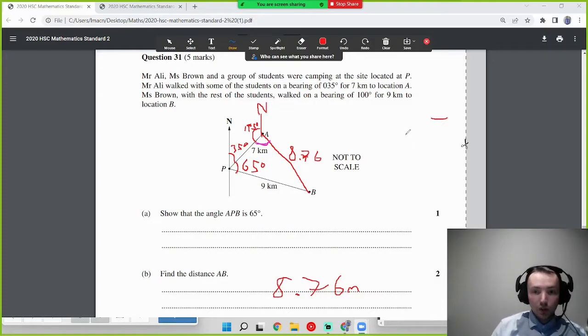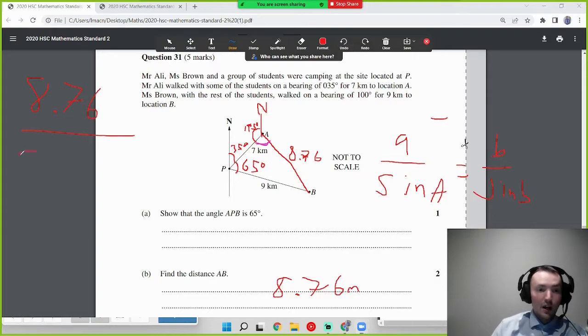So basically the law of sines is A over sine A equals B over sine B. So if we look at our diagram, if we plug it in, we know that 8.76, which is, say, P, and then the angle P is 65 degrees, so sine 65, and then we say equals 9, because 9's down here, and then we want the angle A, we can put sine A.